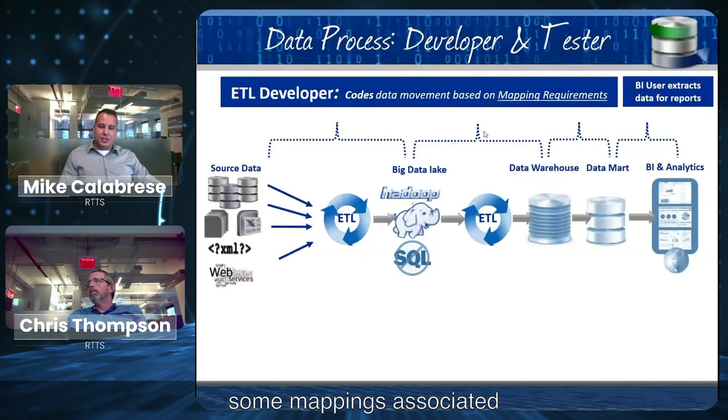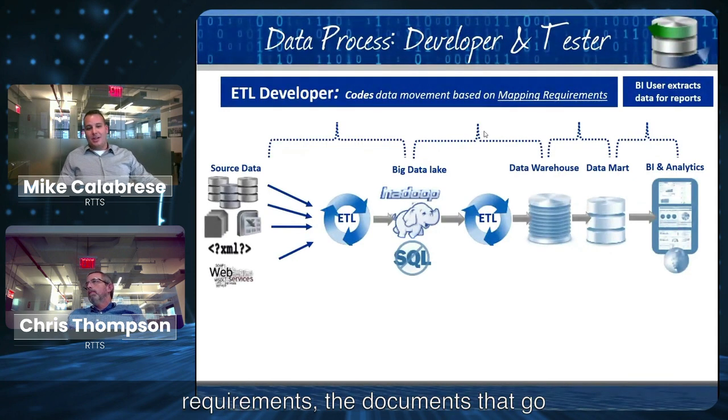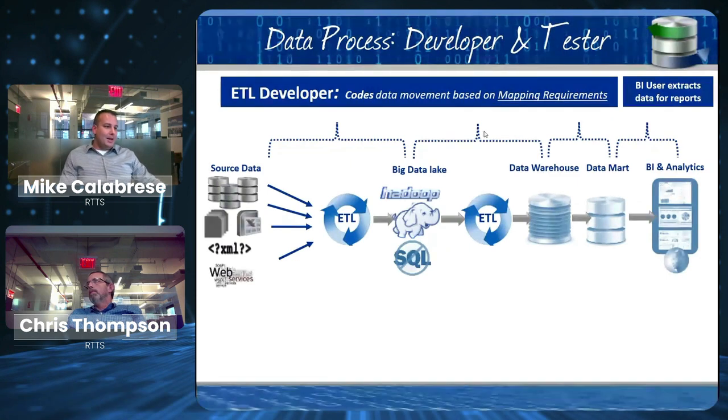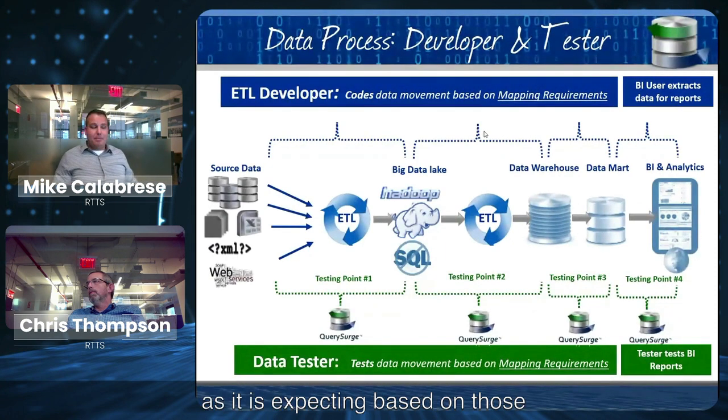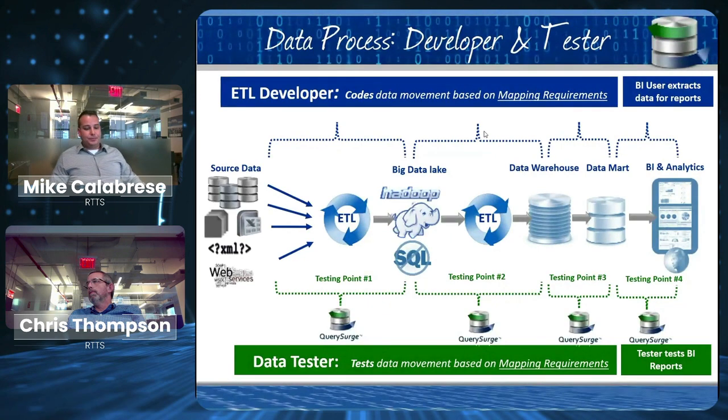And there are usually some mappings associated with that data movement. If you watched Chris's session earlier on how to create a project plan, he discusses in detail the mapping requirements and documents that go along with it. We consider each of these as a testing point where we can point QuerySurge to be able to validate that the data moves as expected based on those mapping requirements.